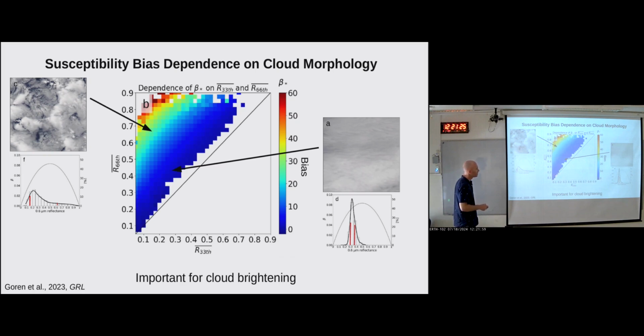And those clouds that sit along this one line are homogeneous. It means that the upper and lower percentiles are really very similar, like here. The difference between the percentiles is very small. So these are homogeneous clouds here. We never get fully homogeneous clouds, but close to that. And here, where the bias is high, we have these inhomogeneous clouds, so thick cores and thin angles. And these clouds are common in some regions of the oceans.